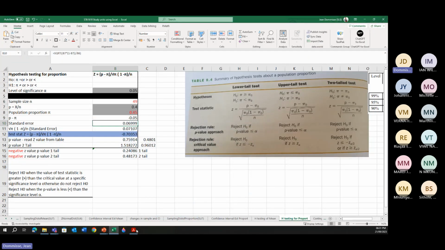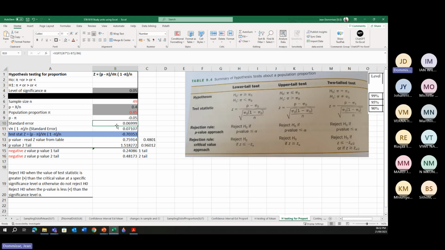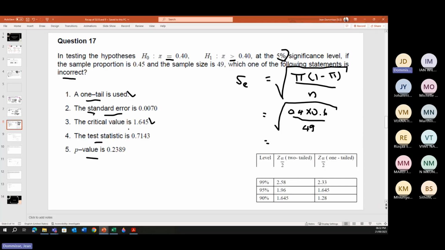Sorry, wrong presentation. So standard error is 0.007. Okay, standard error is actually 0.07 and not 0.007.